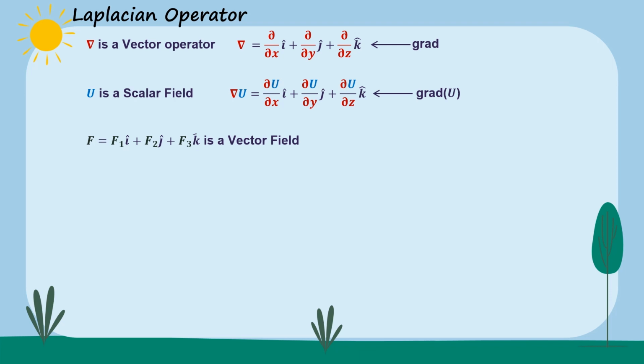Just remember that. Since f is a vector, it is connected either by a cross product or a dot product. The cross product gives the curl, and grad dot f is the divergence. Here we mostly concentrate on the divergence of f because that's the requirement in the Laplace equation.